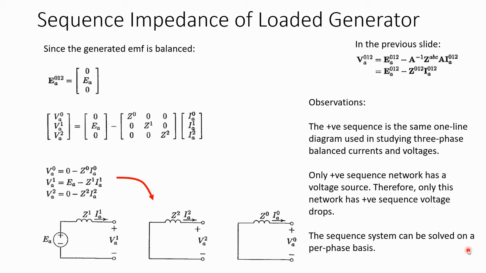And then the sequence system can be solved on a per phase basis, because if we are able to establish this and redraw this into 3 separate circuits, we are able to analyze each of these circuits separately, and due to this, we can say that we can analyze our sequences separately as well on a per phase basis.